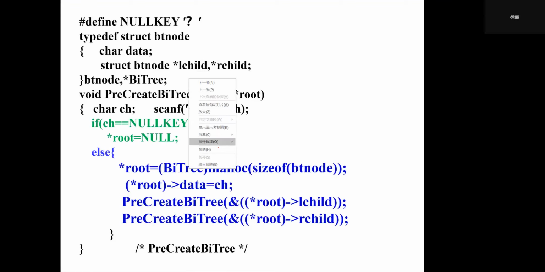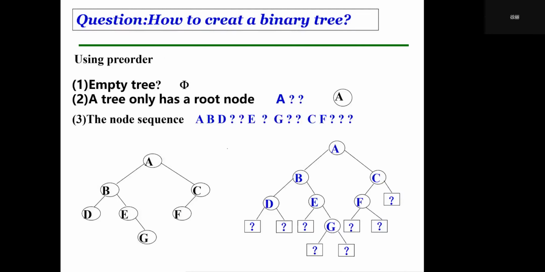Okay. This is the program where we use the pre-order algorithm to implement how to create a binary tree like that. So if you want to create a linked binary tree, you can give the node sequence of the pre-order sequence.